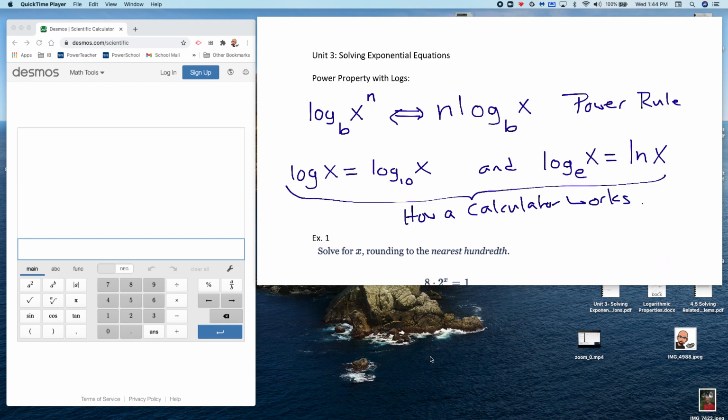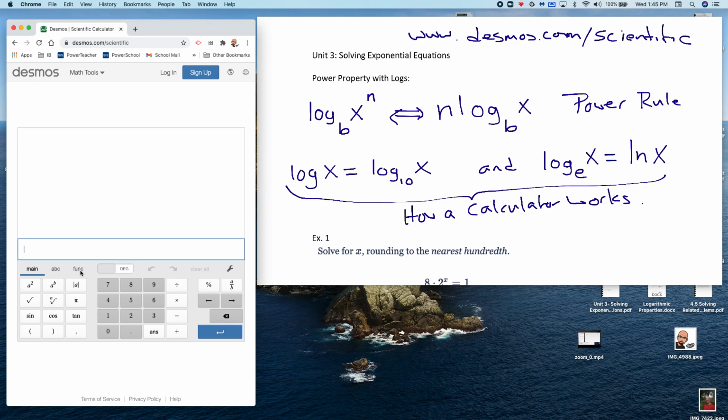Okay, if you look at this Desmos calculator that I have over here, it's desmos.com/scientific, so you're going to need to know that. That's how you get a really good calculator that you're going to need for this problem set.